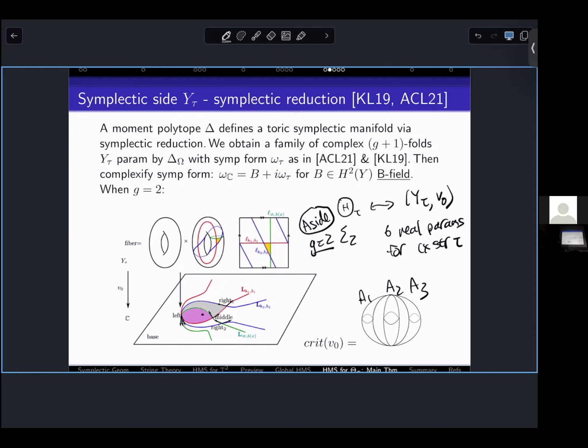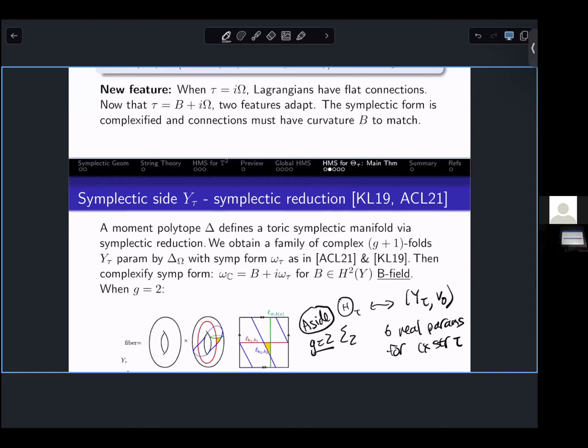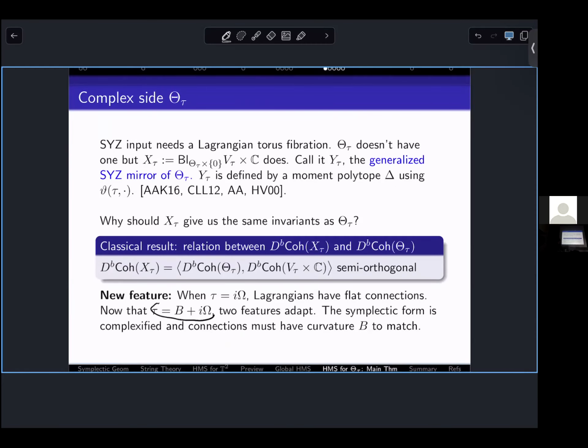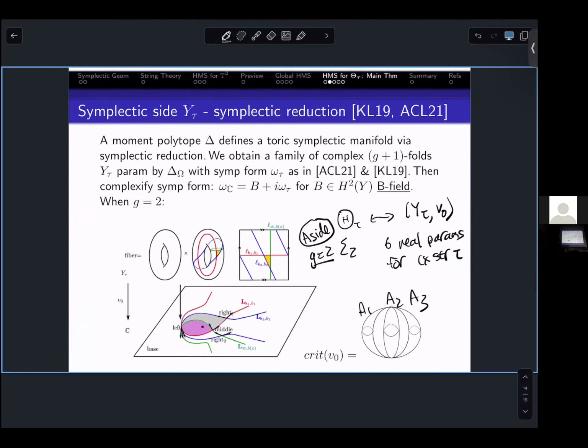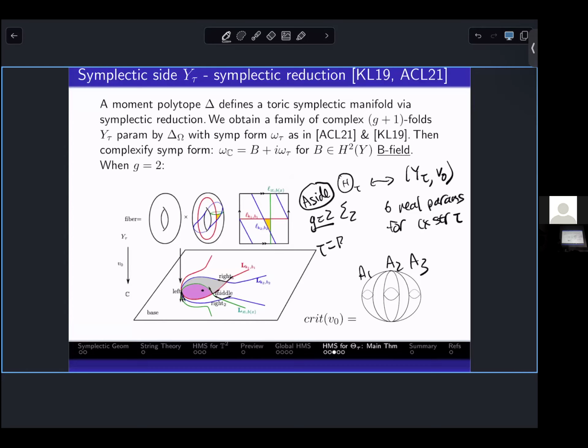Oh, it's right here. When you write your tau, you can write your tau as B plus i omega. And this is only captured by this A1, A2, A3. So you need your symplectic form on Y tau. Sorry, our notation now is this. I didn't update it yet.